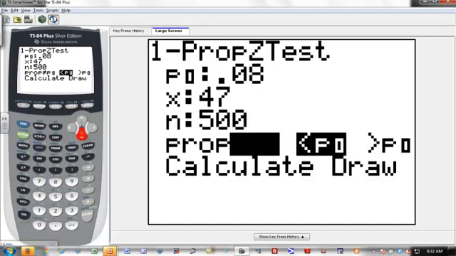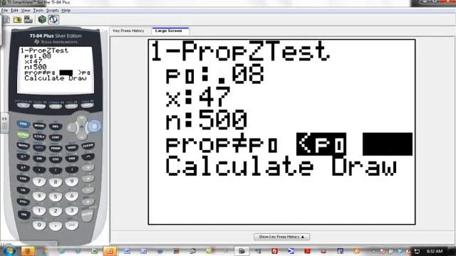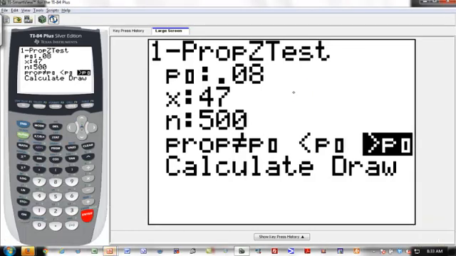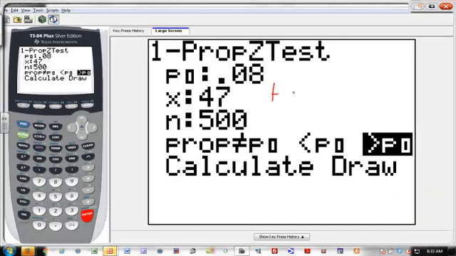And what's our alternate hypothesis? Not equal to, p less than 0.08, or p greater than 0.08? Well, let's revisit what we wrote down for our alternate hypothesis. We wrote down p greater than 0.08.